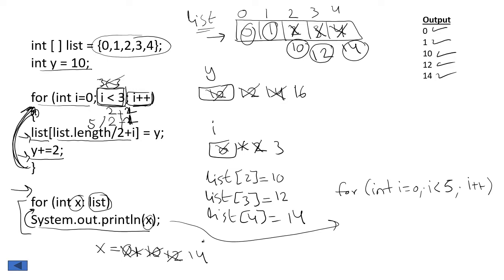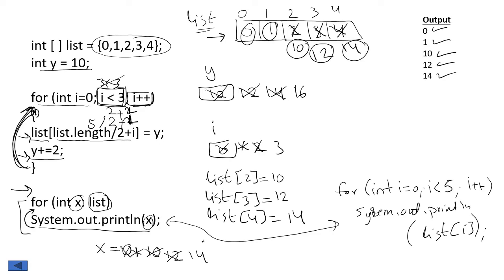And then inside my for loop, I will do the output. So I have System.out.println, and then inside this I will say go and do the output of the array at location i. So these two for loops are doing exactly the same thing.